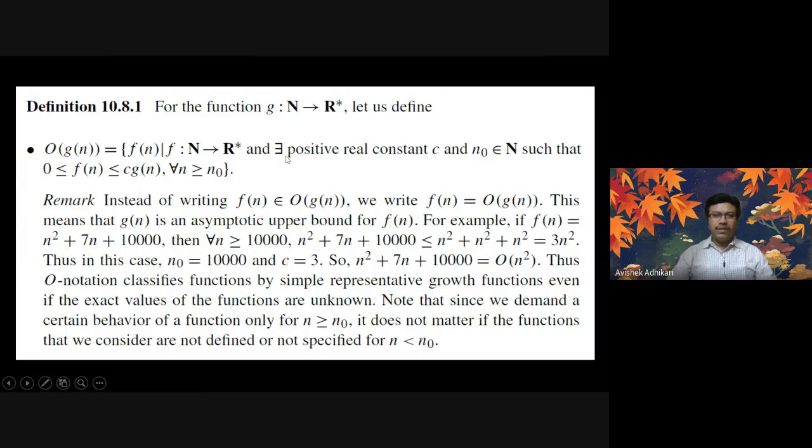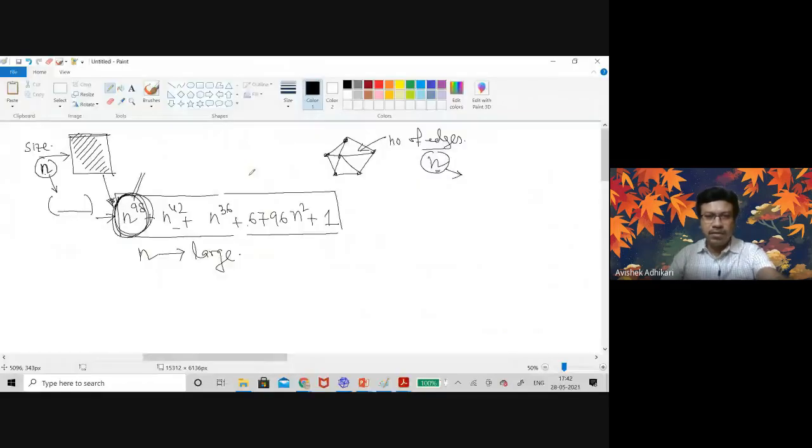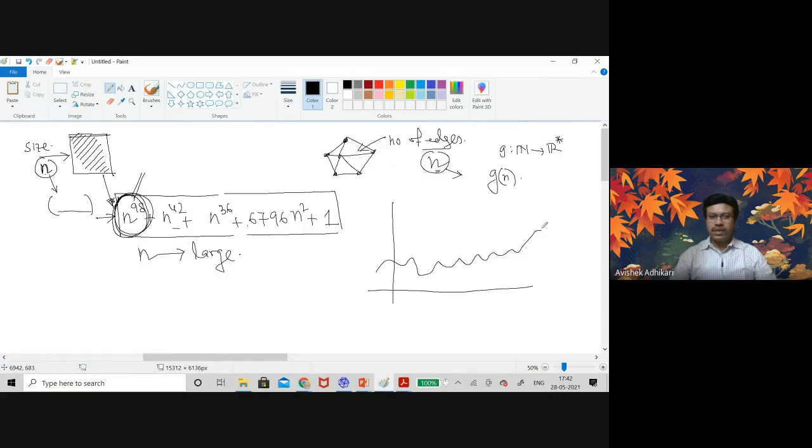It looks quite difficult to understand this definition, but let us have a look at an image. Suppose some function g is there. So g(n) is a mapping from natural numbers to non-negative real numbers. Say this is my g.